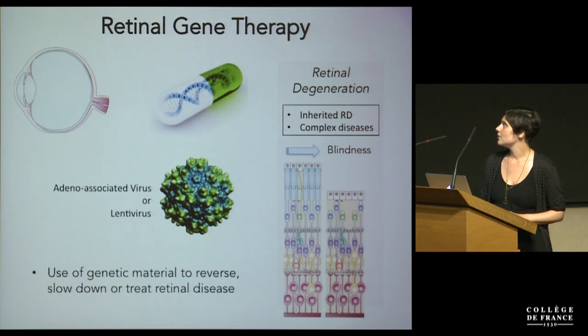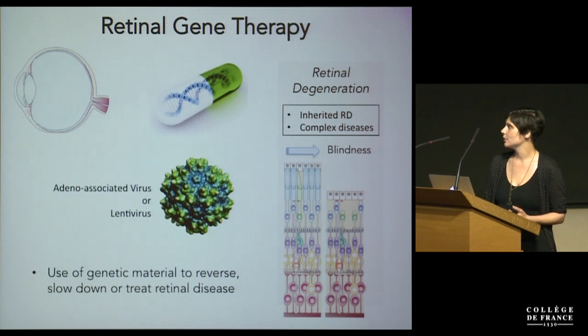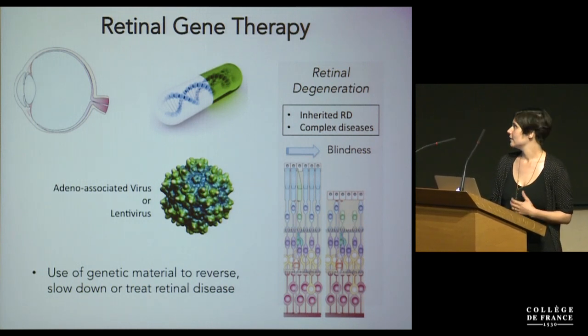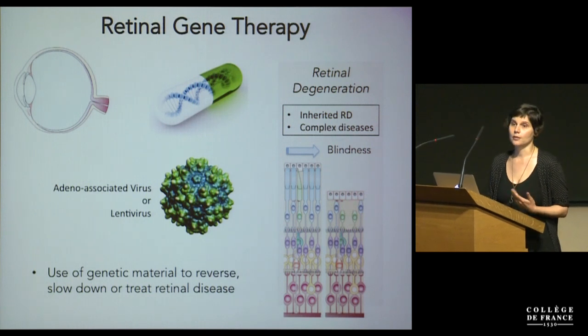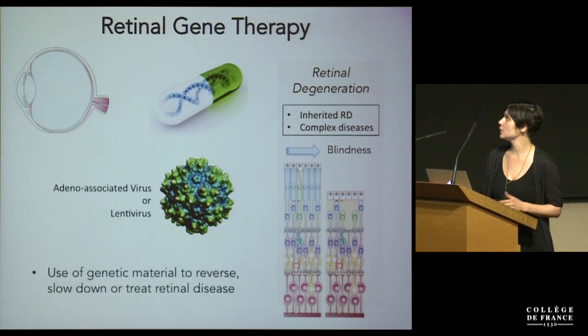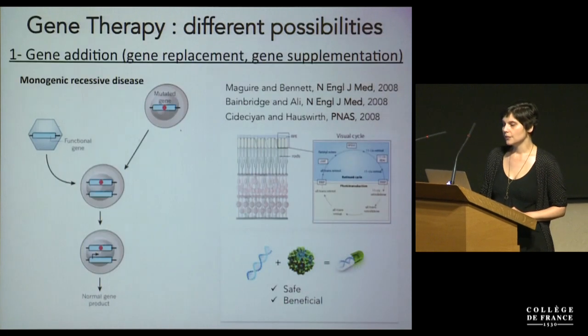In combination with the gene, it becomes a therapeutic intervention. This therapeutic intervention can be useful in inherited retinal disease or in complex diseases. The idea is to reverse, slow down, or treat retinal disease in a smart way to prevent blindness or to reverse it.